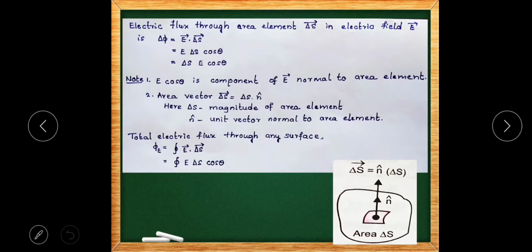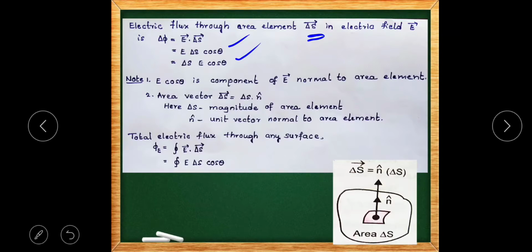Now, the electric flux through area element delta S in electric field E is delta phi, where electric flux is represented by phi. So we are considering the electric flux through the small element delta S. Hence delta phi equals the dot product of E and delta S, which is equal to E delta S cos theta, equal to delta S into E cos theta.